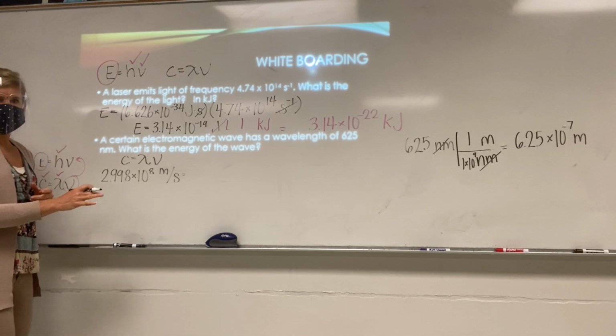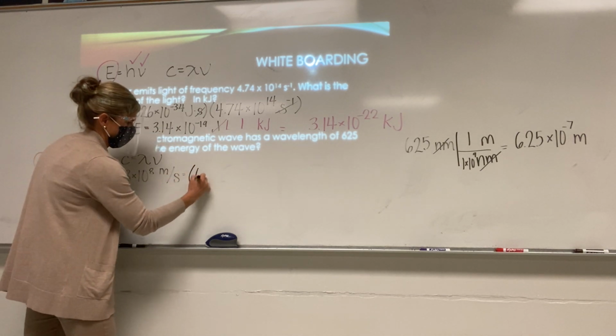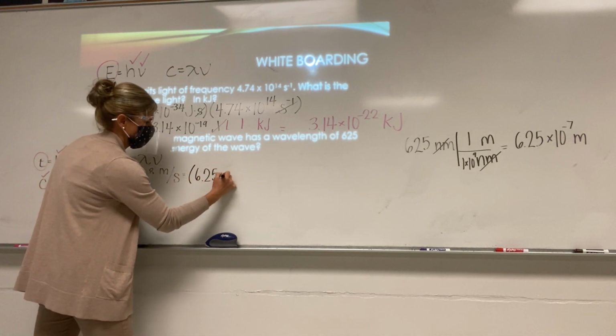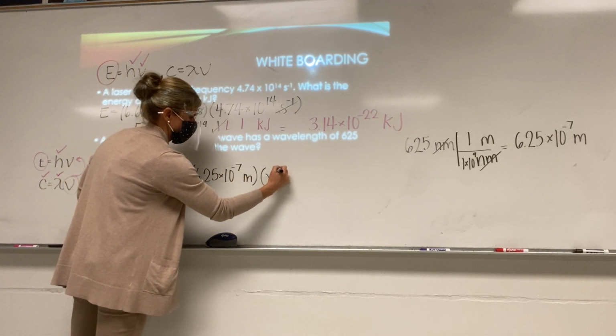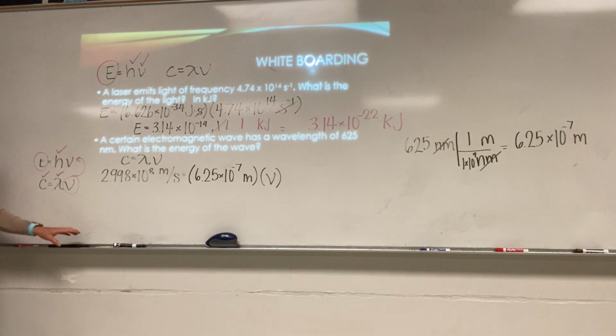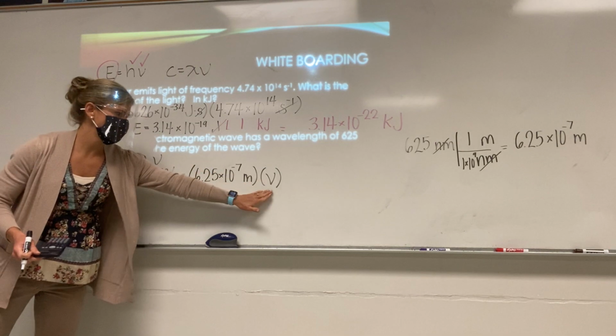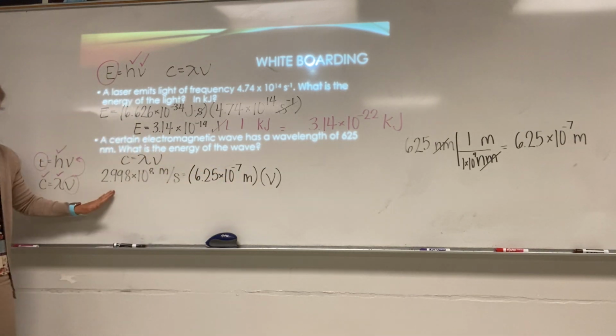Now can I plug in my wavelength? Yes. 6.25 times 10 to the negative 7th meters. And I don't know my frequency. That's what I'm solving for. So in order to solve for frequency, I need to divide my wavelength over.